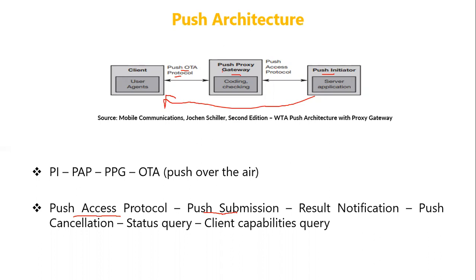First it performs push submission, and then result notification is sent from the PPG to the PI about the result of the push request: whether the push message has reached the client or not, whether the client has deleted the message, if an error occurred at the client, or if the message arrived too late. All this information is part of result notification.